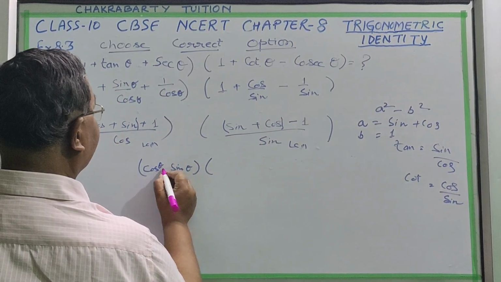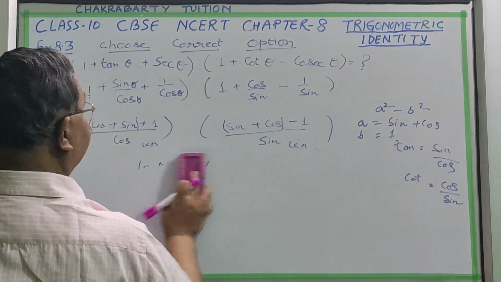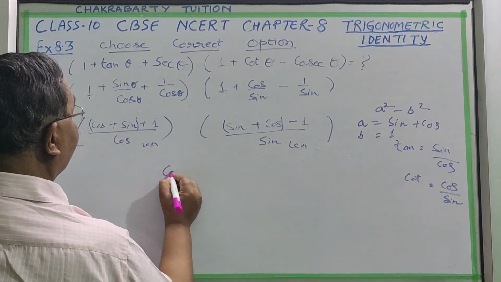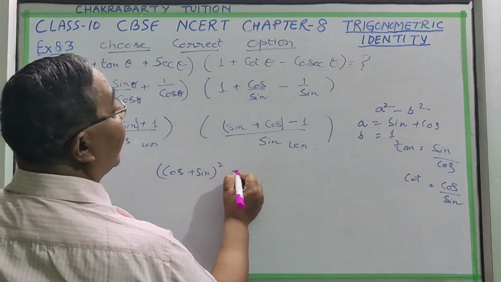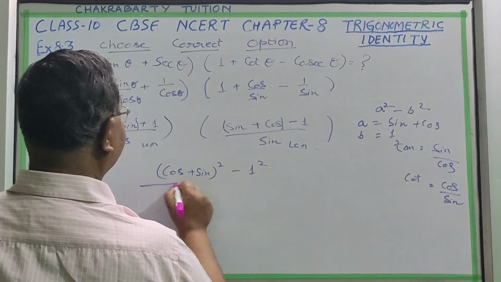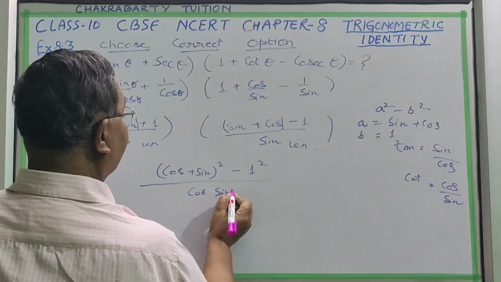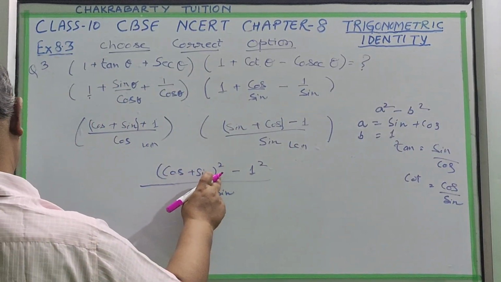It will become a square minus b square, so cos plus sine whole square minus 1 square. And here it will multiply, it will become cos sine. So cos plus sine whole square it will become.